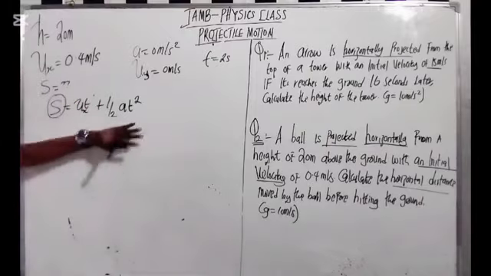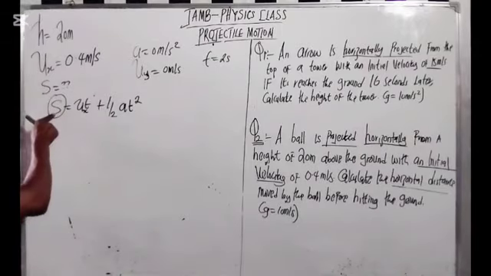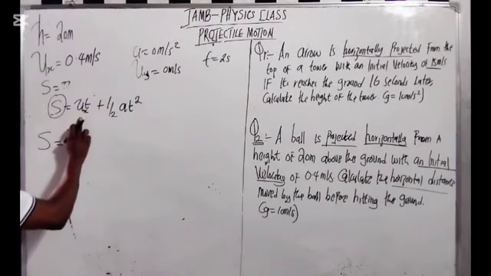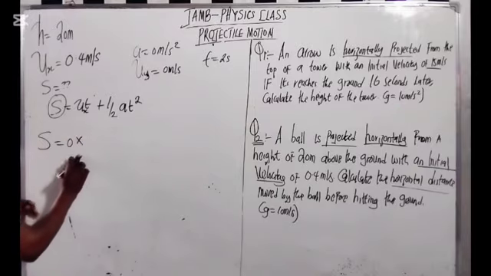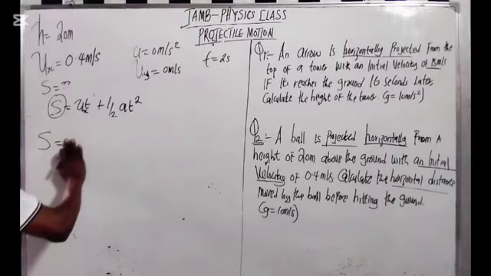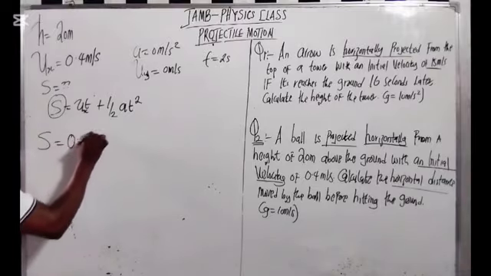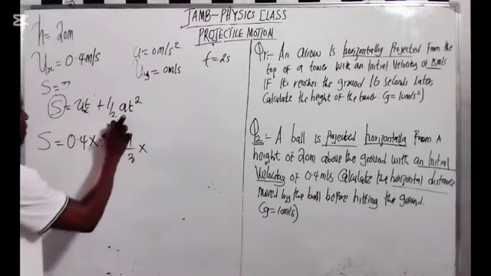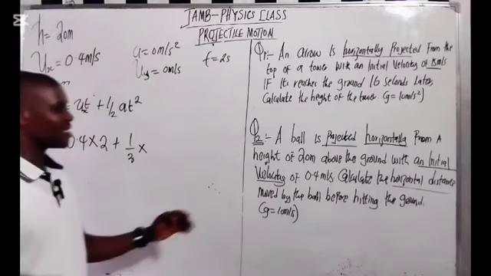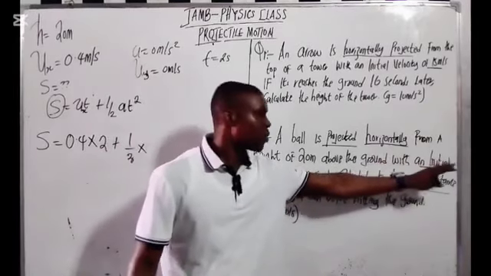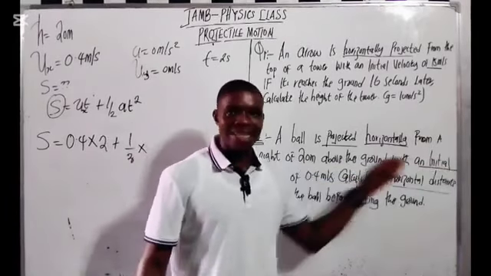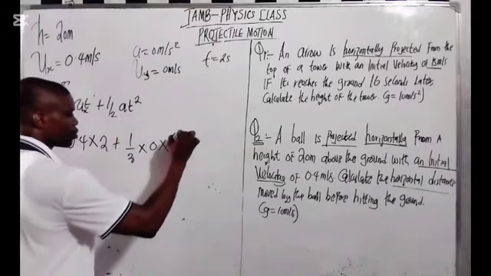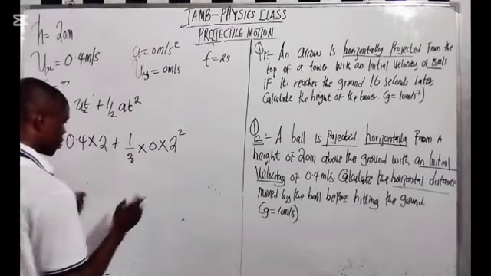So what are you going to do here now? Remember they say you should calculate distance, right? So x equals my ux, which is 0.4, times my t, which is 2, plus half times my acceleration, which is 0, because they didn't say anything about linear acceleration, times 2 squared.